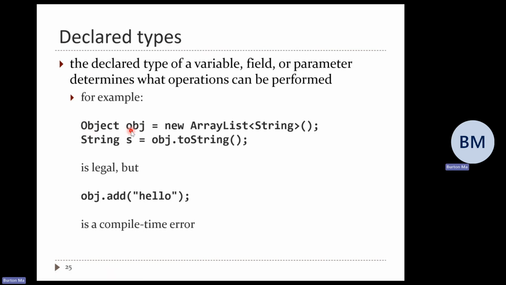And so the only thing that you can do with obj is call the big O Object methods. Even though obj is an ArrayList, you're not allowed to use any of the ArrayList methods here because you've declared that the type of obj is actually Object. So for example, you can call toString or equals or hashCode, but you can't call one of the list methods here.